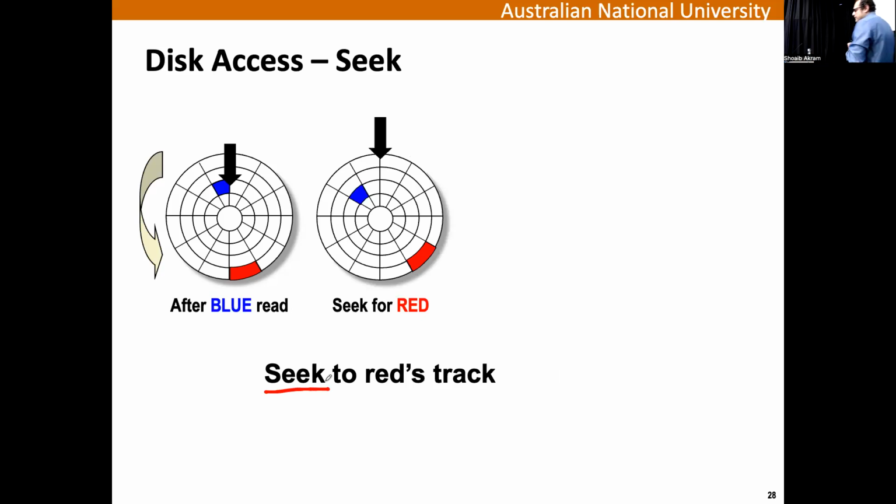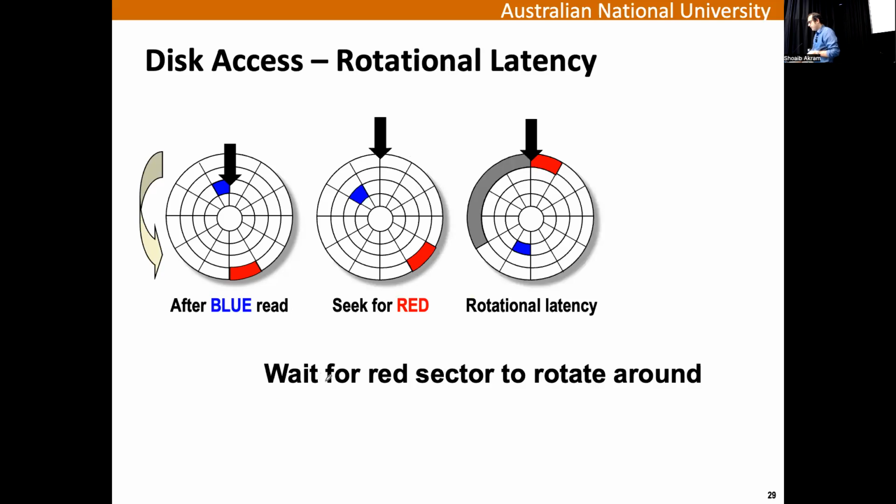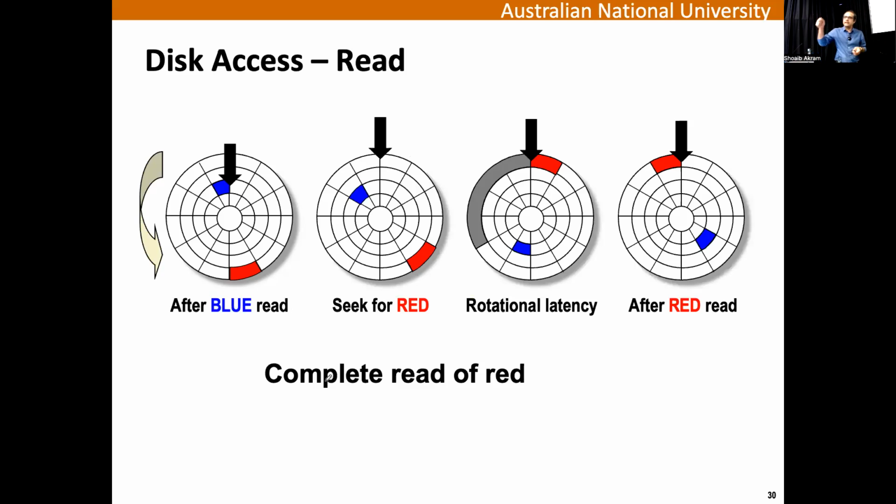The next thing that needs to happen is rotation. And the next thing is the transfer. Once the first bit arrives underneath the head, it takes some time for the transfer to take place. This is by no means a random access device. Call it whatever you want, it is not a random access device.